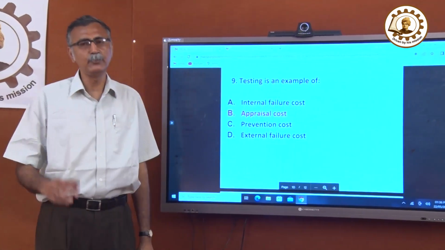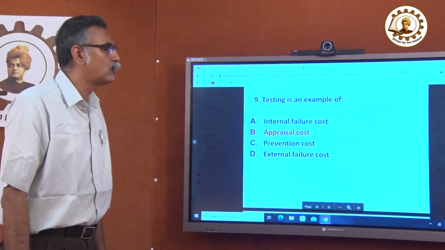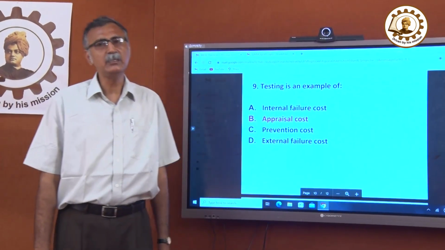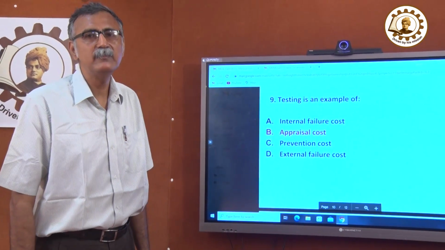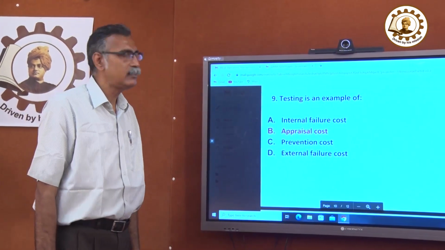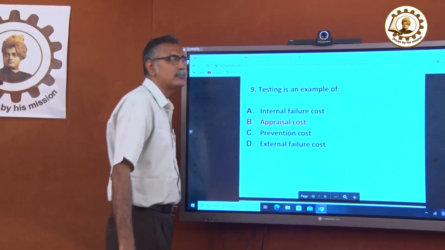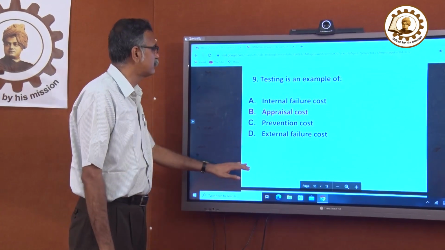And if you spend more on testing, if the appraisal cost is high, your guarantee towards quality will be more, and your acceptability in the market will be high. So appraisal cost is the appropriate answer.